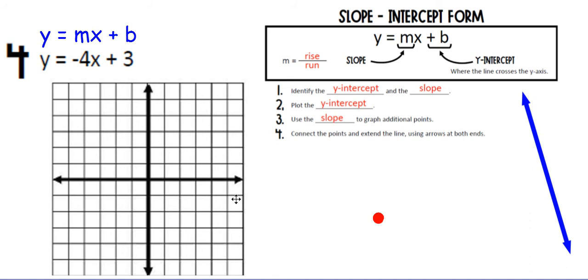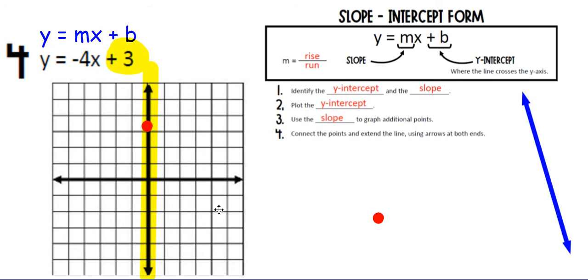Y equals -4x plus 3. So again, we're going to start by graphing the first point on there. And the point I'm going to graph is at 3. Start at 3. 1, 2, 3. And I have a slope of -4.